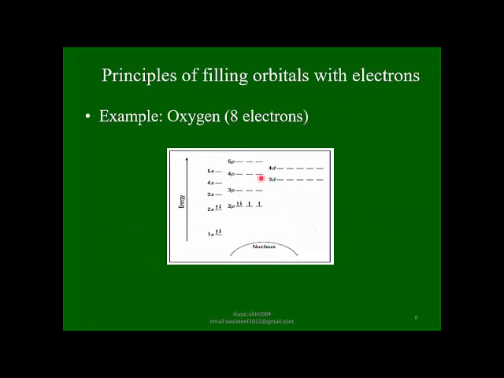So let us now take an example. Let's use oxygen, which has 8 electrons. We know from lecture 3 that each of these orbitals can contain 2 electrons. s can contain 2, px contains 2, py contains 2, pz contains 2, dx²-y² contains 2, like that.